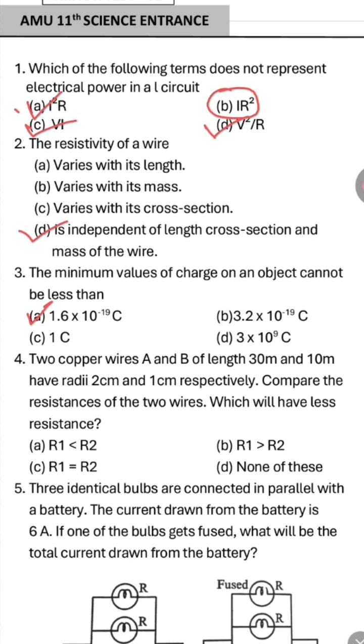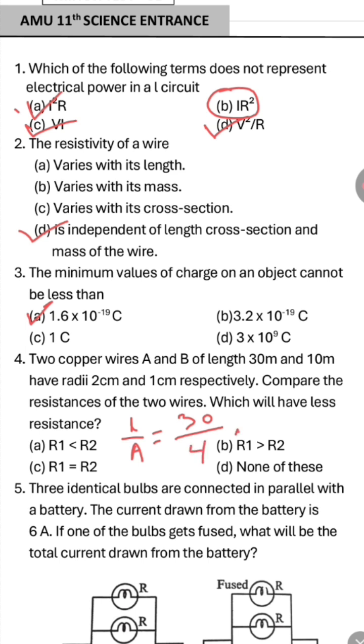For question number 4, let us compare L by A. In first case, for wire A, length is 30 meter and area depends on r square, that is square of 2, 4.